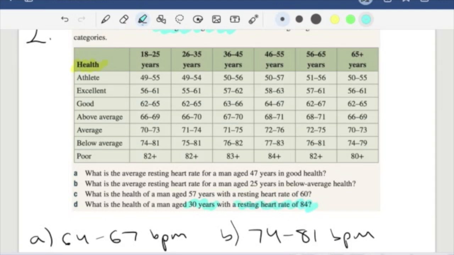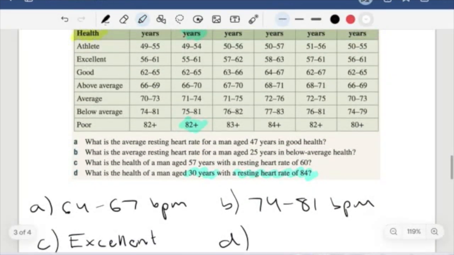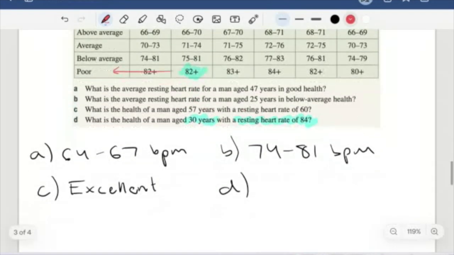So once again, 30 years, that falls in here, 26 to 35 years, and a resting heart rate of 84. So that falls down here because this last bit is just anything 82 or above. So we're going to draw our line across, and we see that this person's health falls in the poor category.